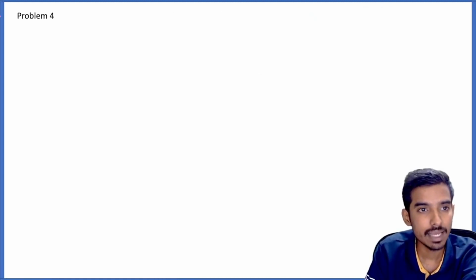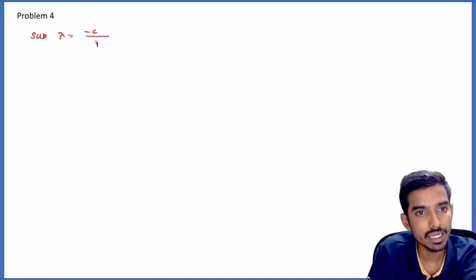So substitute lambda is equal to minus c divided by gamma in equation number 1.